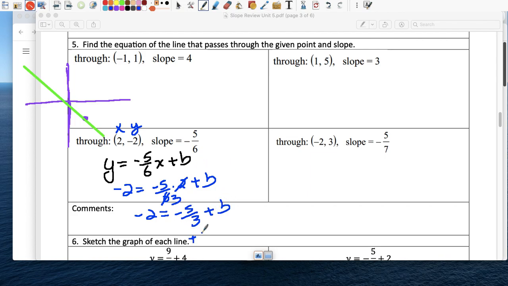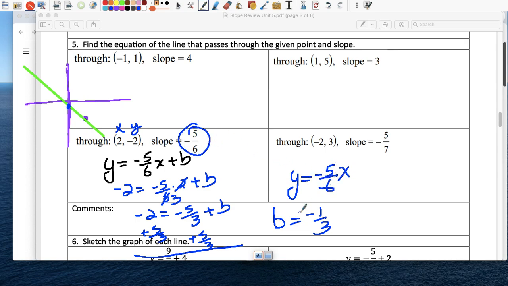I'm going to add 5/3 on both sides. Then b equals negative 2 plus 5/3, which is negative 1/3. And look, that's about negative 1/3. So the full equation of the line is y equals negative 5 over 6 x, the slope given to us, plus the y-intercept we just found, negative 1/3.